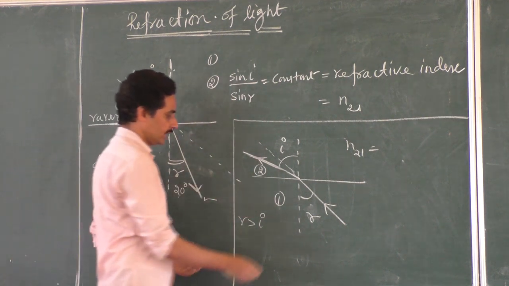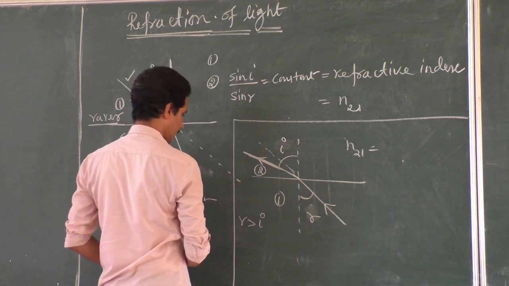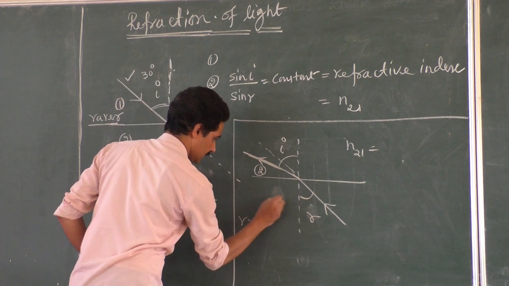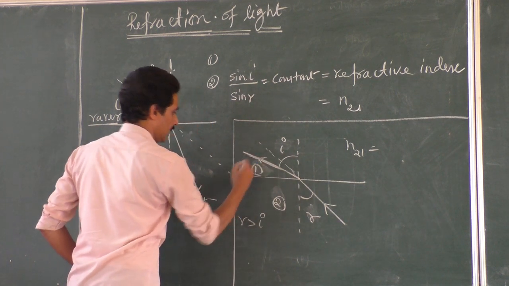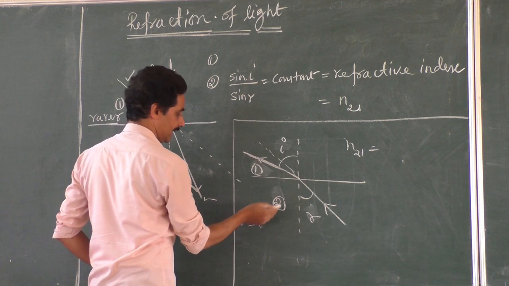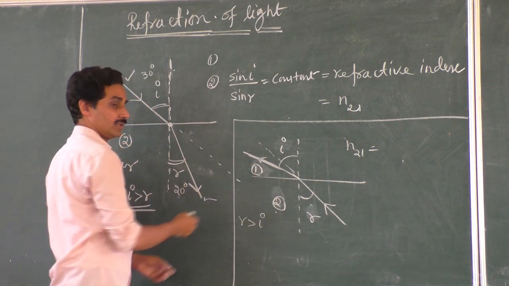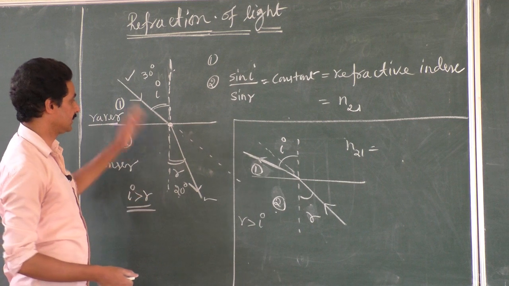So if you use now N21, okay, now 21 also has to be changed. This is 2 and this is 1, and now the ray is traveling from denser to rarer medium. It is doing quite the opposite thing of what it did here.